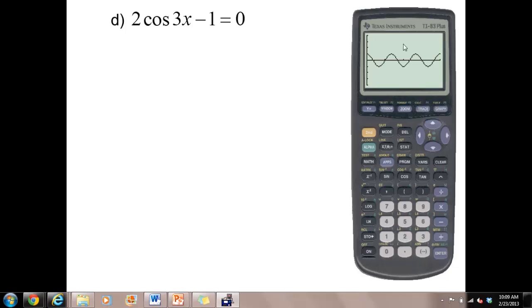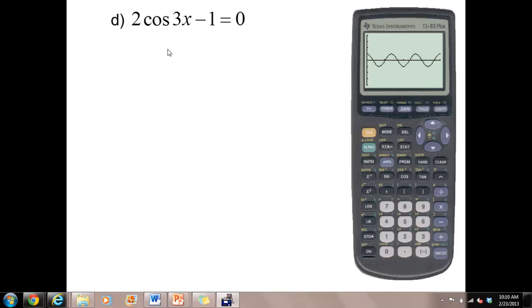By doing cosine of 3x, I now have 1, 2, 3, 4, 5, 6 solutions. In other words, I have 3 times as many solutions as I did before. Because remember from graphing techniques, that 3 affects the period. Instead of the period being 2 pi, the period is now 2 pi over 3, which means I can fit 3 of the entire cosine graphs within the interval of 2 pi.